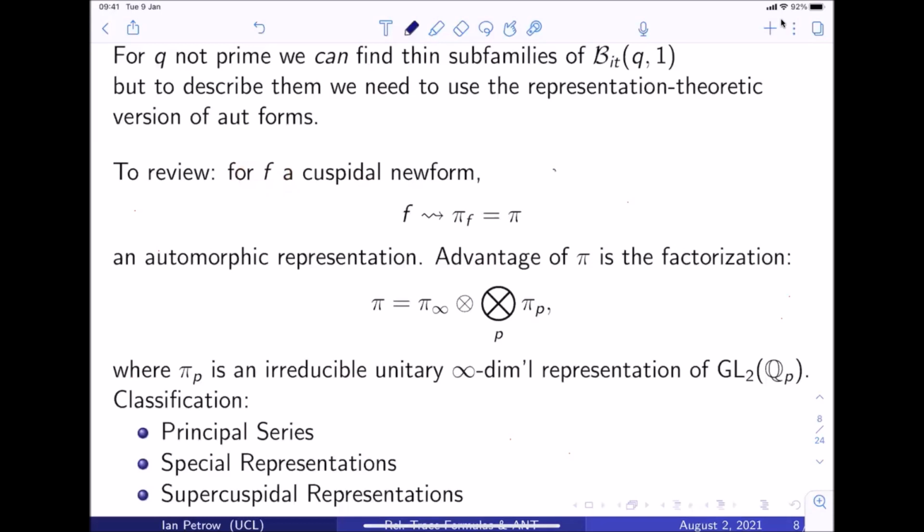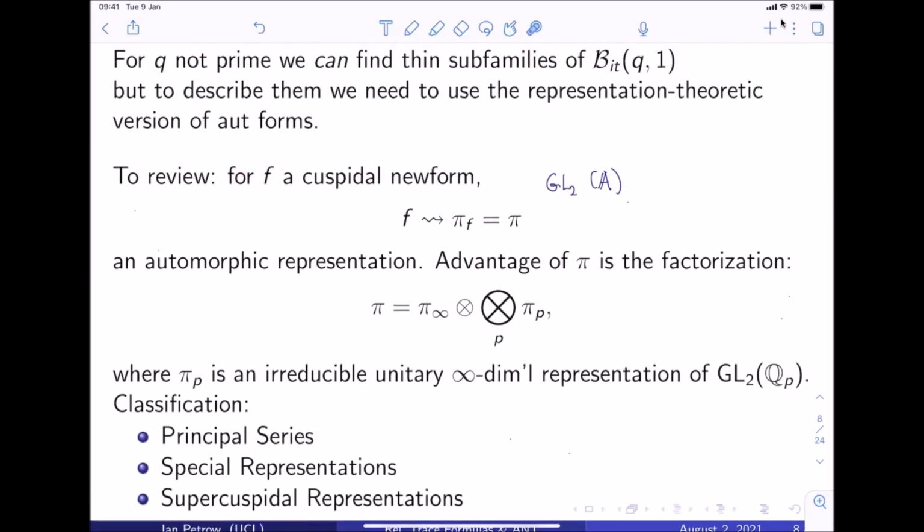And this is going to be a representation now of GL2 of the adele ring. So, hopefully you've at least seen that in passing someplace. For every f, I'll write its associated automorphic representation as π_f.